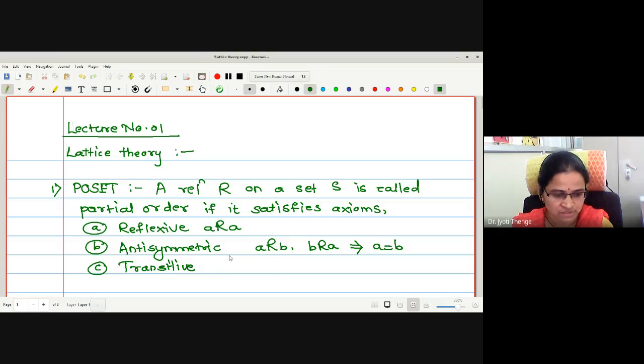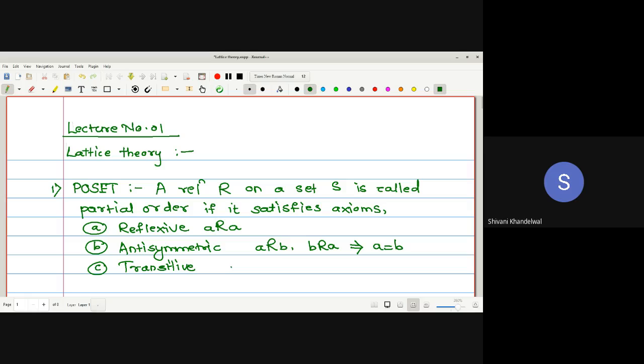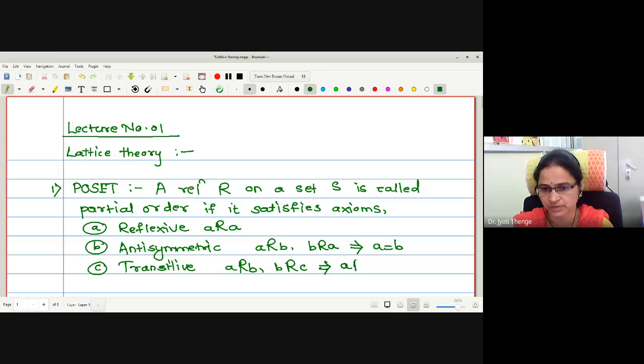What is transitive? If A is related to B and B is related to C, then A is related to C.